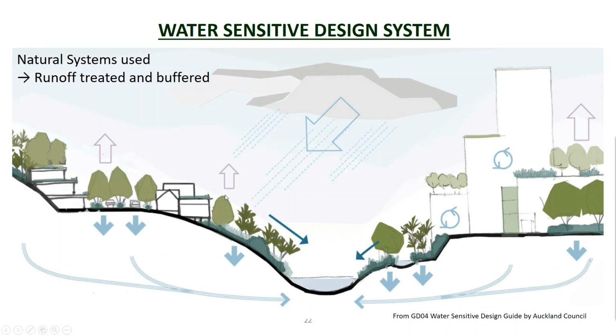So in water sensitive design, we design our water collection systems to be closer to natural systems. So we have trees, for example, and open areas which allow the water to soak into the ground. We also have systems which buffer it, which hold the water in the system.